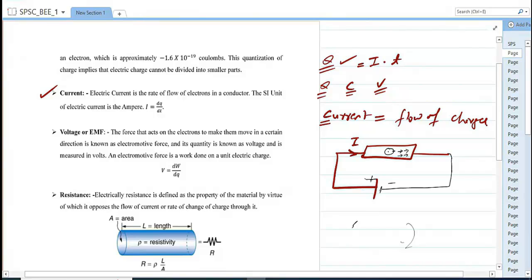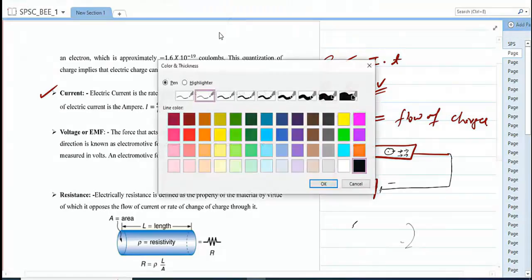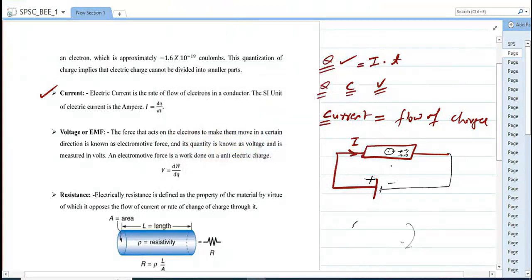So this is the symbol of a battery, and this is the positive terminal of the battery. This plus terminal will exert some force, and the electrons will come close to this plus point, and from the minus terminal, they will move away.